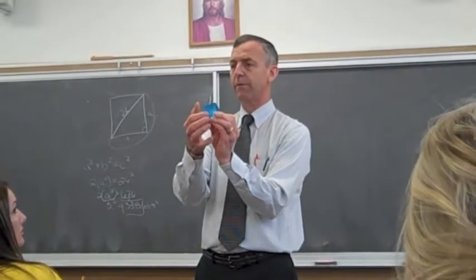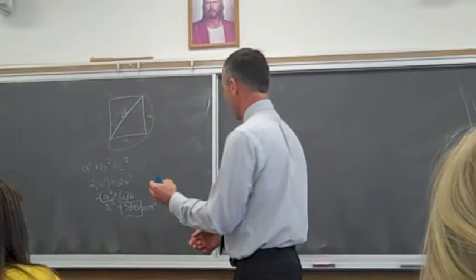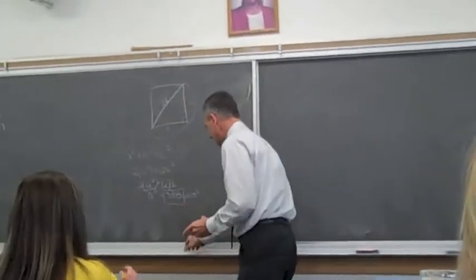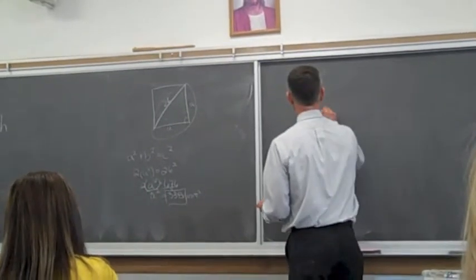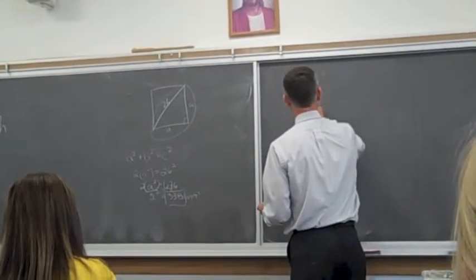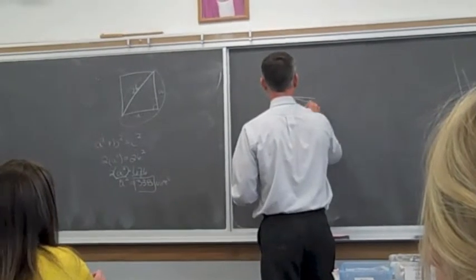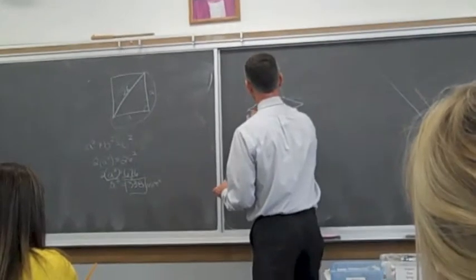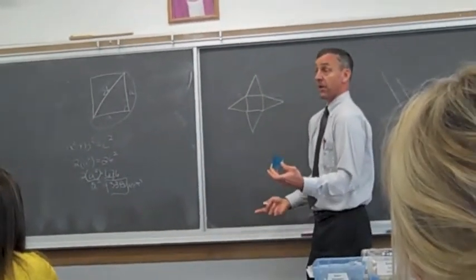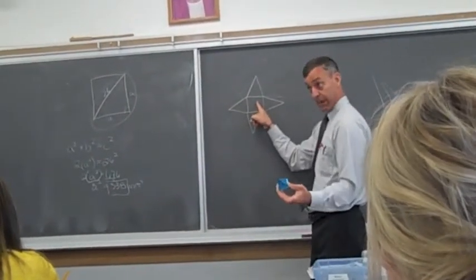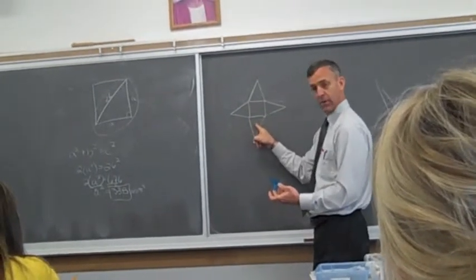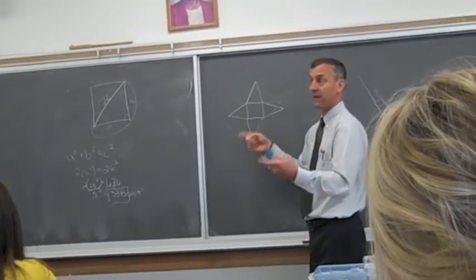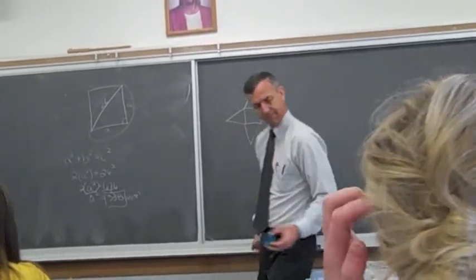There would be a square for the base, and then, if I cut down each of these lateral edges, we'd have the base here, and then we'd have triangles coming out something like this, right? And now all we've got to do is find the area of the square. We know that formula. The area of the triangle, we know that formula. Since they're all the same, we would what? Multiply by 4 and then add it all together. Does that make sense? All right.